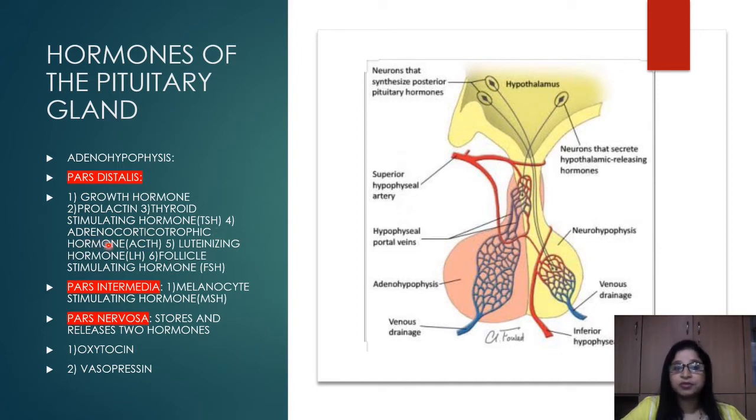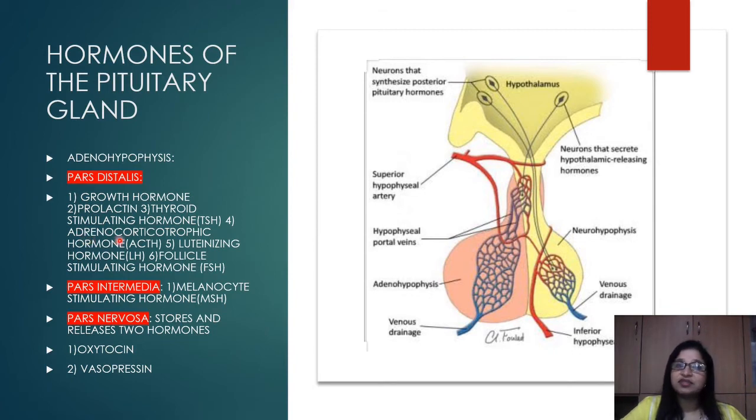The adrenocorticotrophic hormone, also called the ACTH, a very important hormone. If you have to really split it up to understand how it acts, it is acting on the adrenal cortex. So the adrenal gland, which is placed over the kidneys like a cap, is also an endocrine gland in our body.